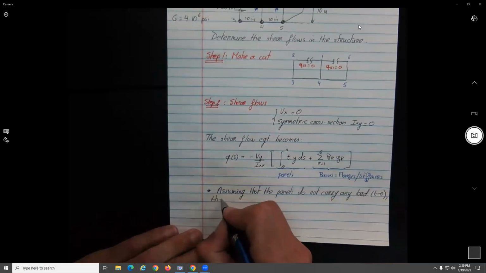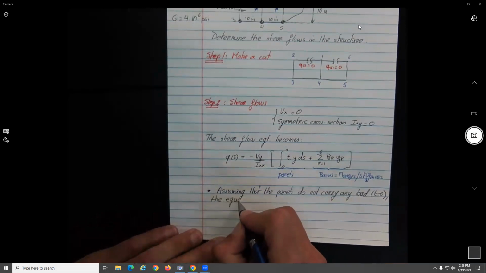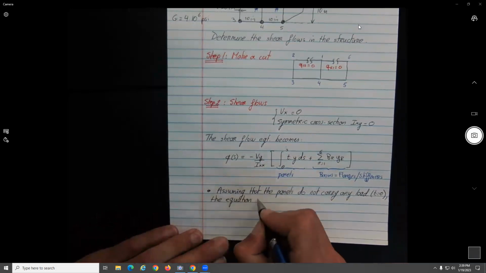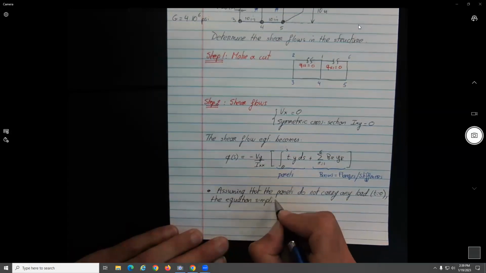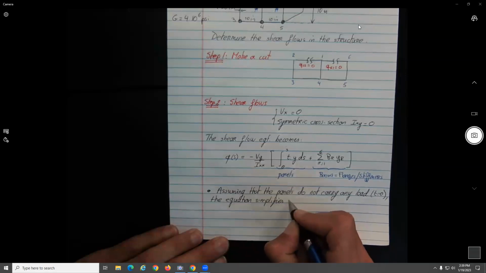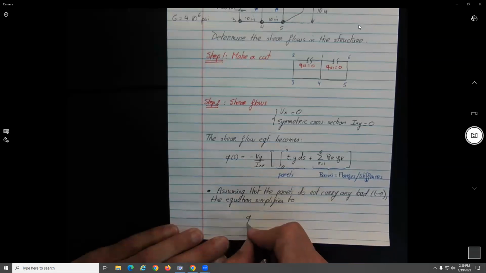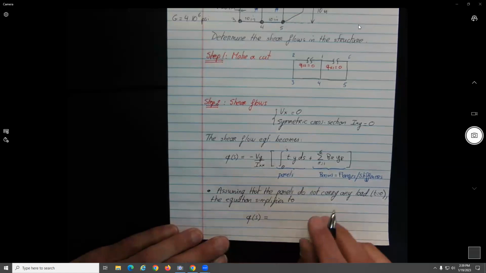For the equation, it simplifies to what? And I'm sure this is the equation you have used most of the time.